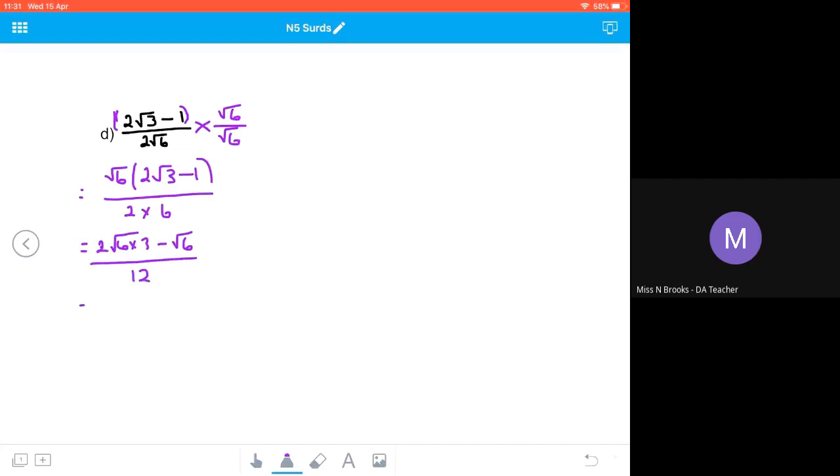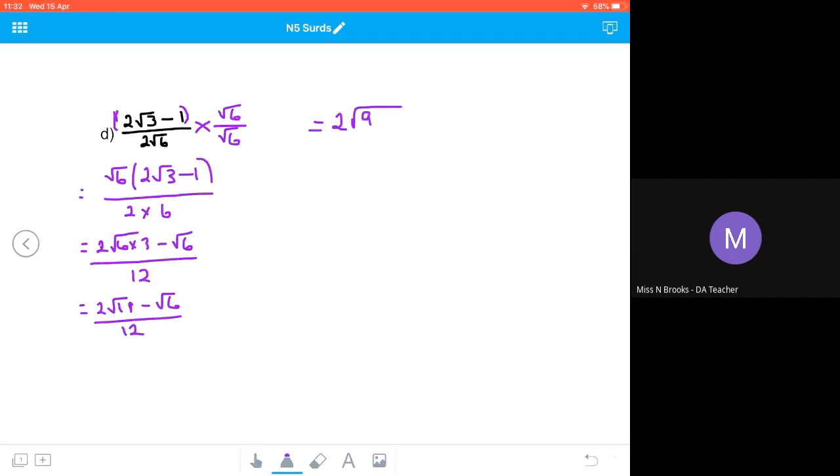So I end up with 2 root 18 take away root 6, divided by 12. Now I need to check whether I can simplify any of my surds, and I can simplify root 18 further. I've got 2, and my root 18 has a perfect square factor of 9.